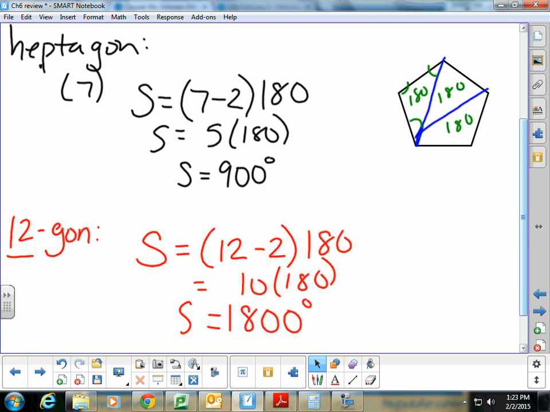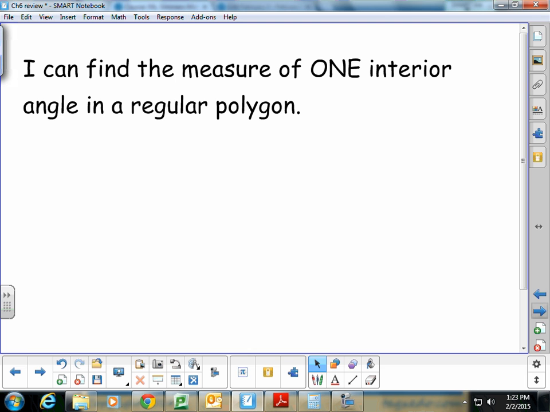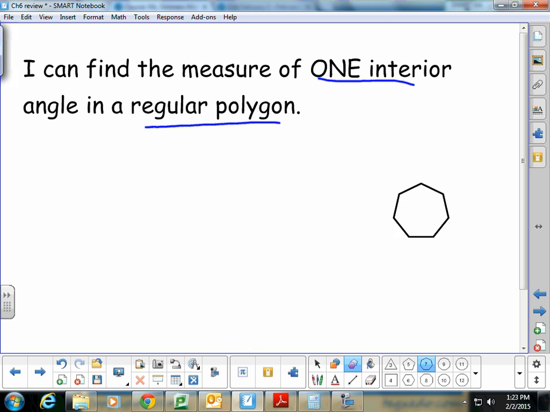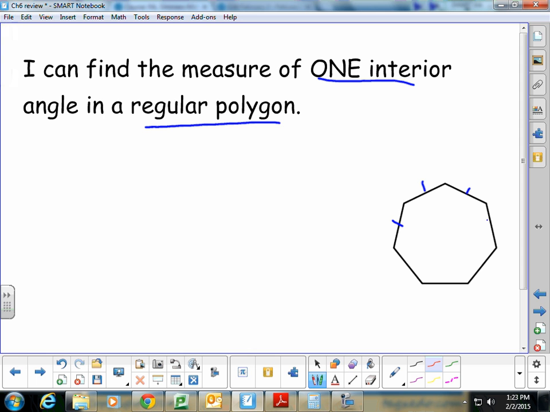The difference is the sum and finding one interior angle of a regular polygon. Remember, a regular polygon is when all the side lengths, like that pentagon or this heptagon, are the same measure and all of the angles are also the same measure.